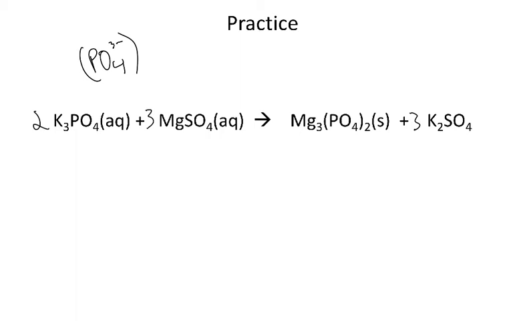And just like I did with the phosphates, I'm going to treat the sulfates as one thing. So now I have 3 sulfates, and I have 3 sulfates. So I think the sulfates are balanced, right? So we can go back and double check. I've got 6 potassiums, 6 potassiums, 2 phosphates, 2 phosphates. I have 3 magnesiums, 3 magnesiums, 3 sulfates, 3 sulfates, so it's balanced.